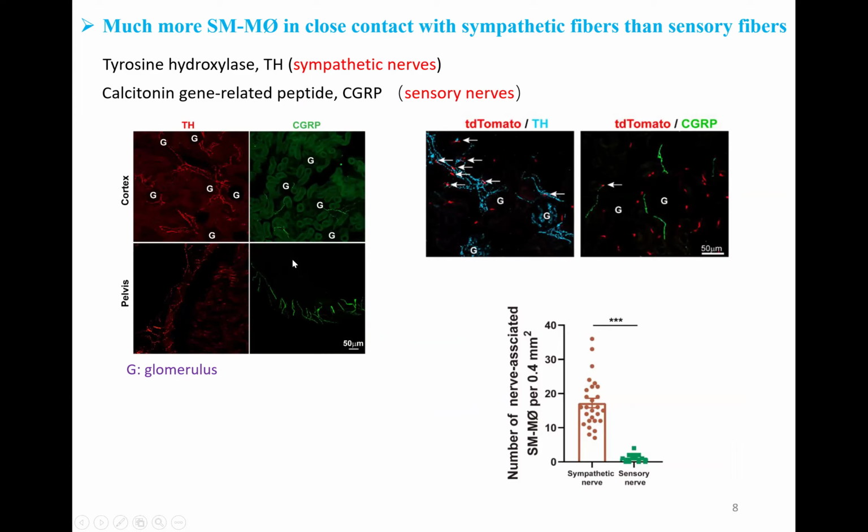Consistent with the previous report, the cortex is densely innervated by sympathetic nerves, and the pelvis had many sensory fibers. The medulla had very few nerve fibers, so I do not show it here. We found out that the self-maintaining macrophages, which are tdTomato positive, in the cortex were in proximity to the sympathetic nerves, but not to the sensory nerves.